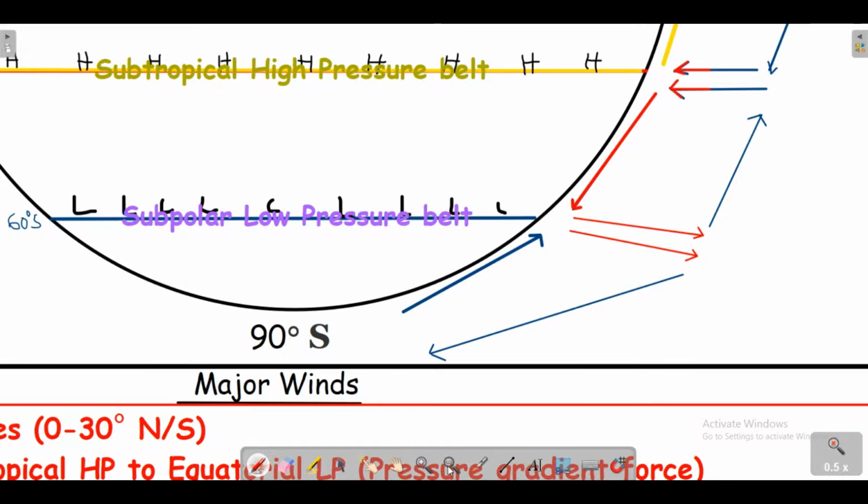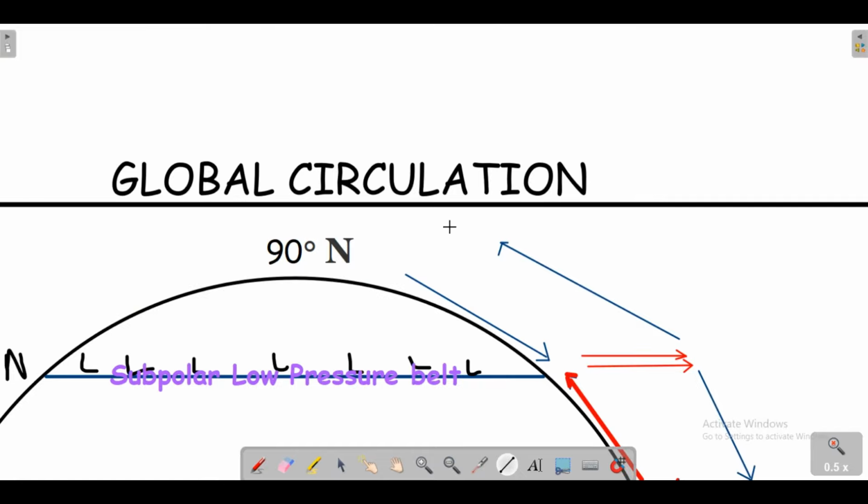Because it is cold, there's low insolation due to oblique insolation, and high albedo snow, so a lot of energy is reflected back. So of course, cold air tends to sink down. So we should have an area of high pressure over there at 90 degrees.